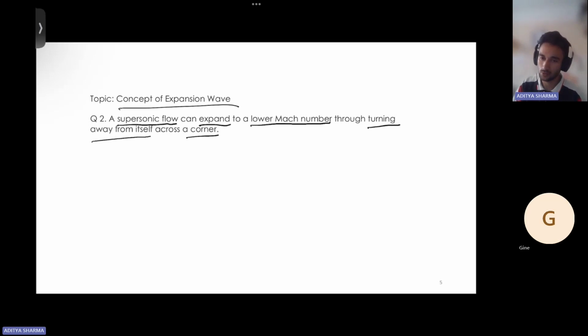The previous question was based on a corner, and this particular question is also based on a corner. So if we see the options, this is a true or false type of question. Please read it carefully and come up with an answer.